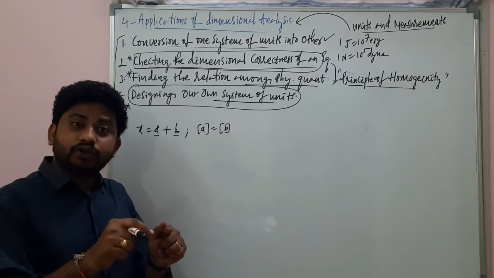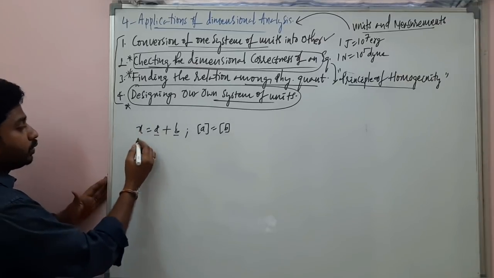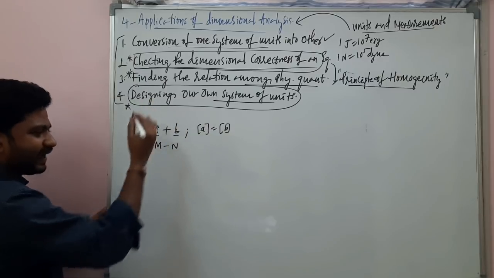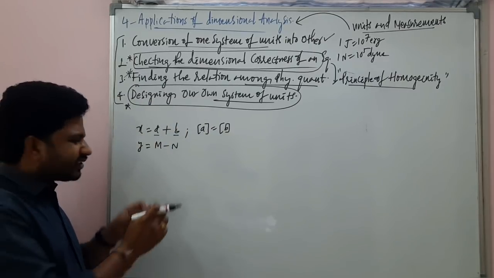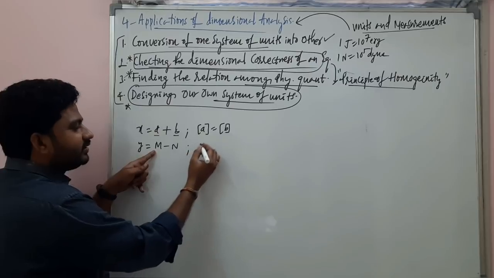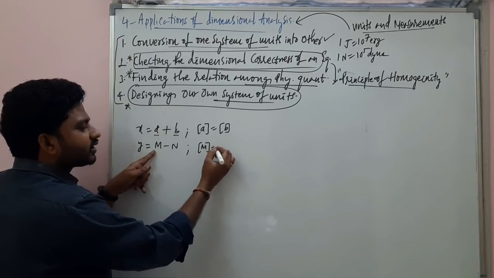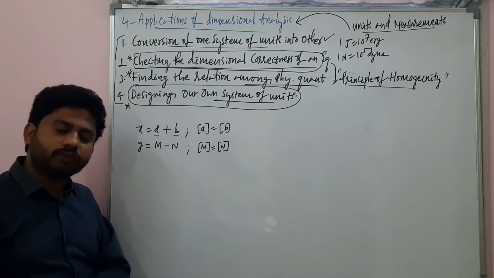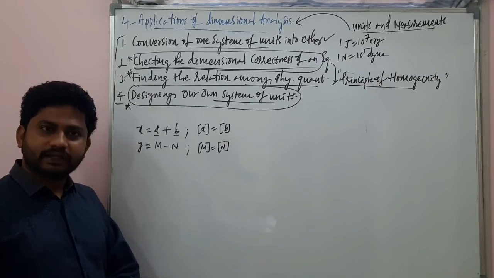When you are subtracting two physical quantities, let's say one more equation, I will write y is equal to m minus n. Definitely those two physical quantities must have the same dimensional formulas. Understand?